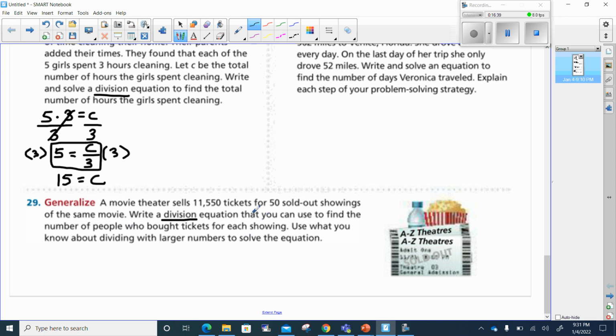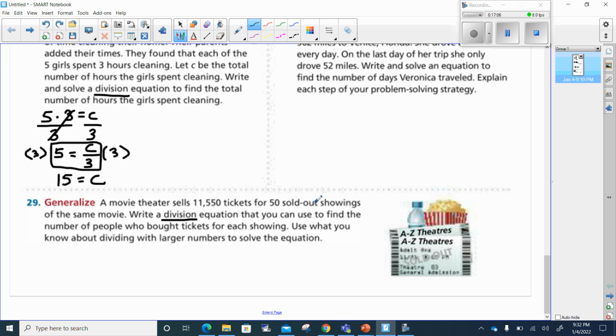We want to find the number of people who bought tickets, okay? So these are the tickets, and we want to find out the number of people who bought the tickets. So let's see, a movie theater is selling 11,550 tickets for 50 sold out shows.